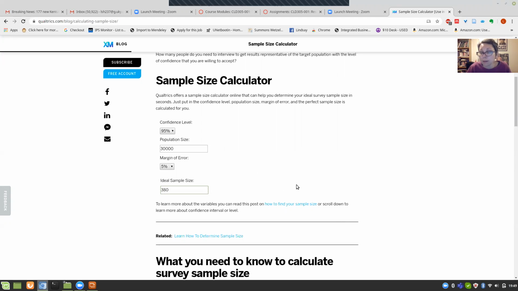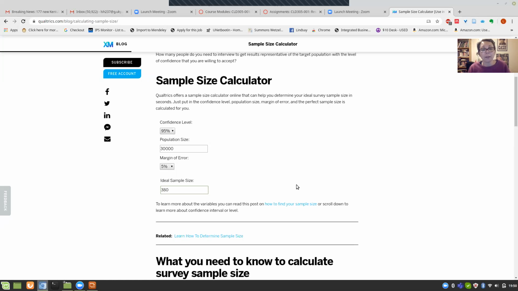That's pretty standard. But remember, as your sample size gets smaller, you get more error, right? So if I was willing to accept more error or less confidence in my work, then I would see that the recommended sample size would decrease. And that can be helpful if you don't have a lot of money or a lot of time.